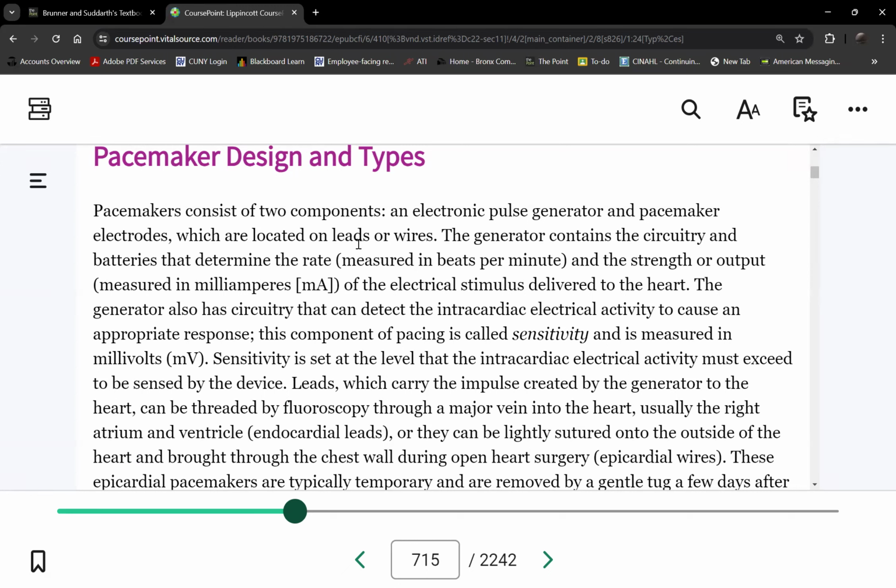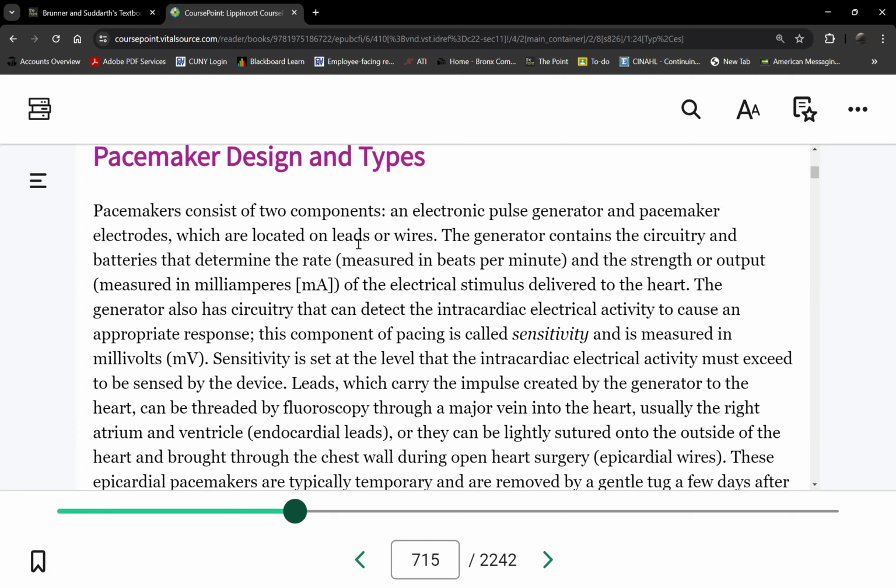So which impulse will be detected by the AV node or the atria? The pacemaker, right? By the way, it can either pace the atria or pace the ventricles. The doctor can set it that way.